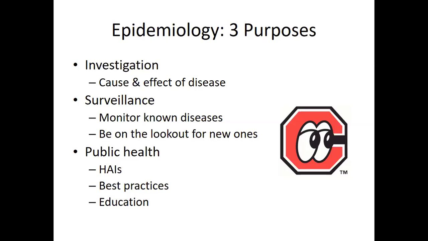We'll briefly talk about the MMWR, morbidity and mortality weekly reports, that the CDC and World Health Organization use. And then in the public health branch, hospital-acquired infections, which we'll talk about at the end of the lecture, are becoming a huge issue that I think is often underappreciated in today's society. These fall in line with best practices in education. You see all the CDC hand washing things and the social distance things, that's all part of that group.